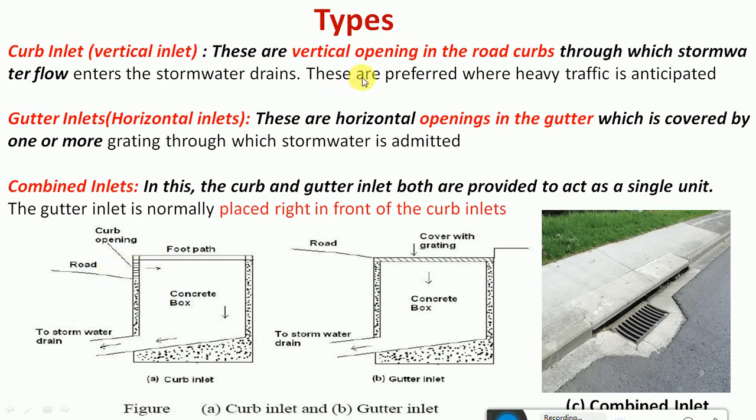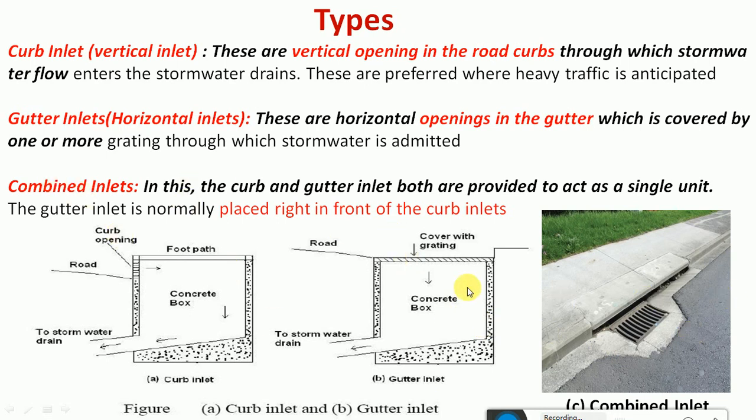These are vertical openings provided in the road curbs through which the storm water enters the storm water drain. They are preferred when heavy traffic is anticipated. We also have gutter inlets or horizontal inlets. These have horizontal openings covered by one or more gratings through which the storm water is admitted. Mostly nowadays we prefer combined inlets.